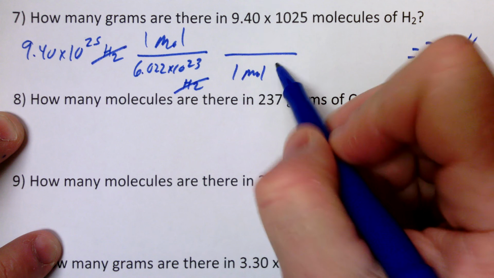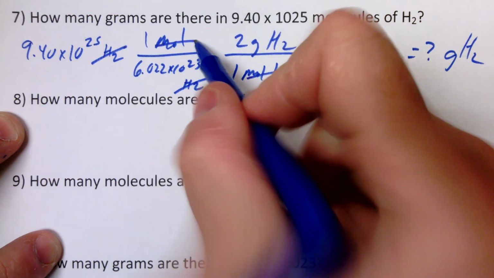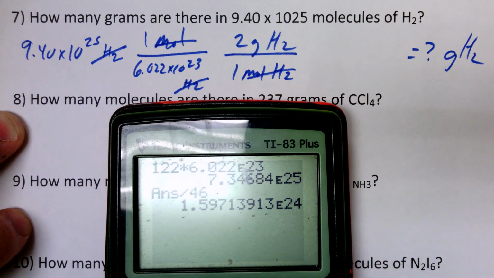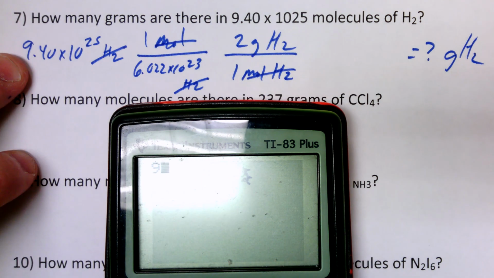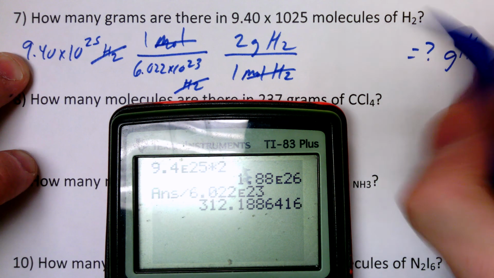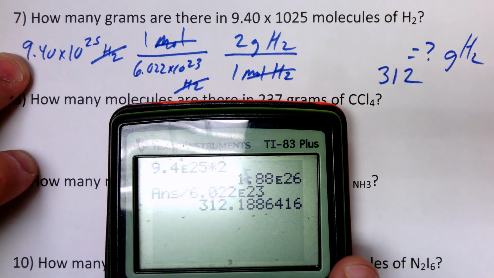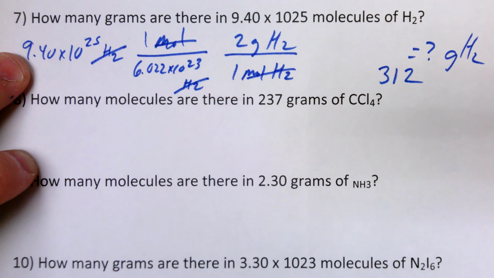And I know that 1 mole of H2 is about 2 grams of H2 from the periodic table. So now, take that number there, 9.4 exponent 25th times 2 across the top, then divide by Avogadro's number, about 312 grams. There we go.